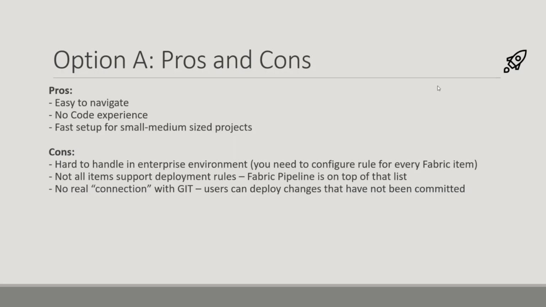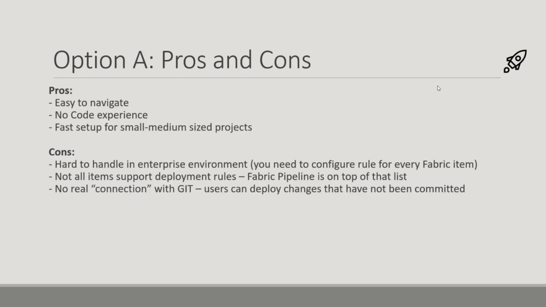The other minus is that there is no hard connection with Git, because you can do your changes in the development environment without committing them to Azure DevOps, and still the deployment pipeline will transfer all the content from the development environment to the production environment. So this is also one drawback of this solution.